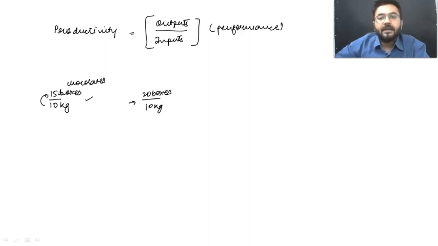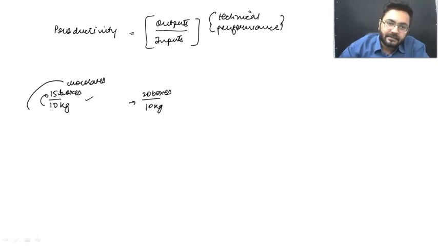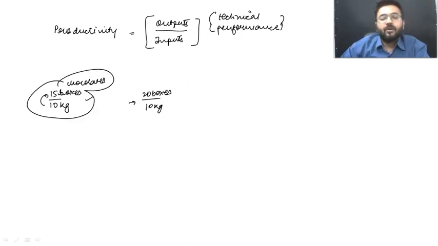It is absolutely correct, but it only tells you about your technical performance, how your machines are performing and what kind of raw material you have. This can also vary depending upon whether the raw material is made available easily or not, and whether your machinery is working properly or not. Your production may suffer over there. So if our production is doing good but we don't have sales, that means the performance is good from a technical point of view.